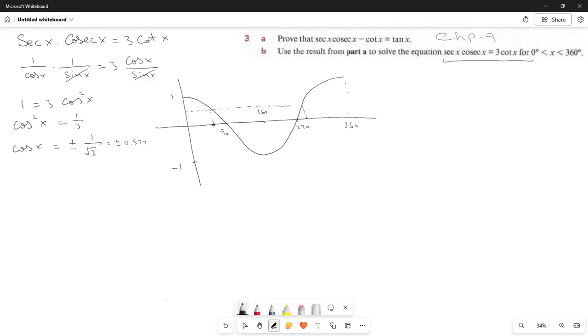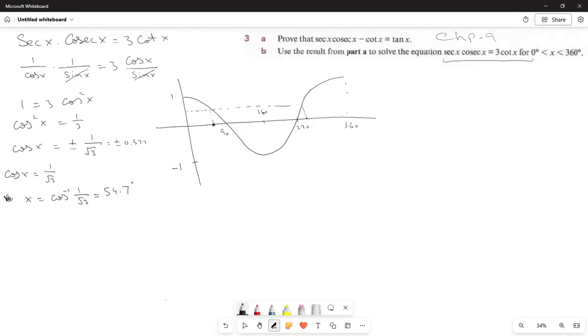So I will do cos x equals 1 over under root 3. So x is equal to cos inverse 1 over under root 3. And this will give me this answer, which is 54.7 degree.